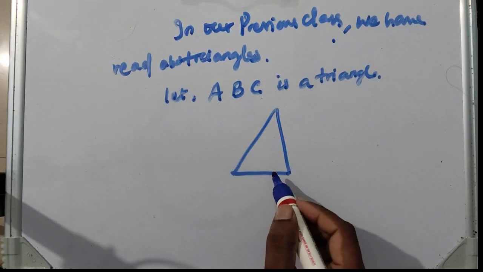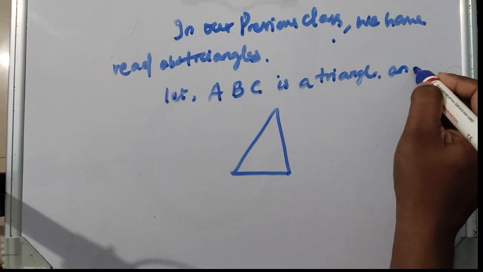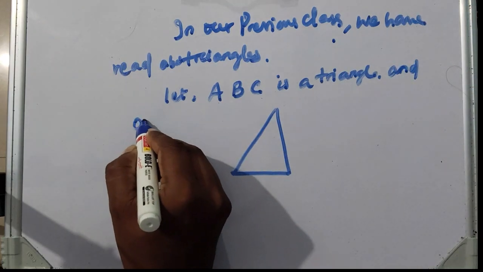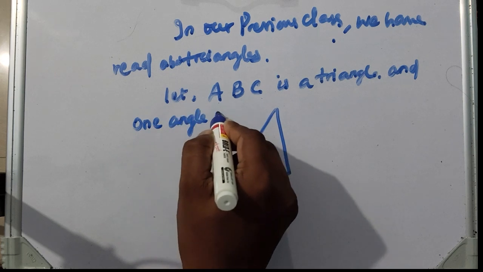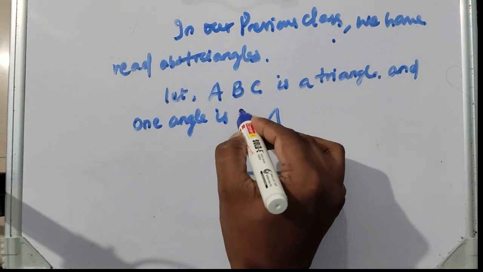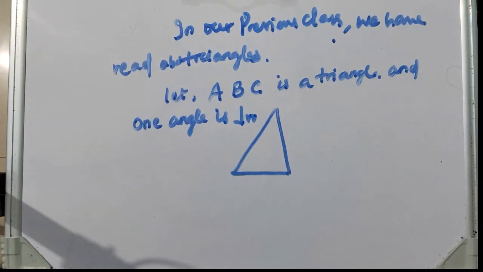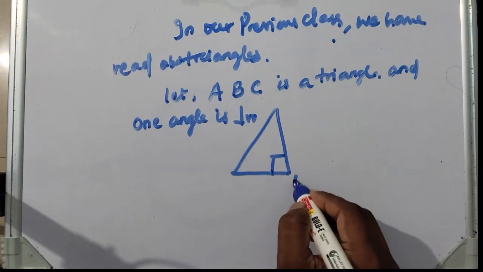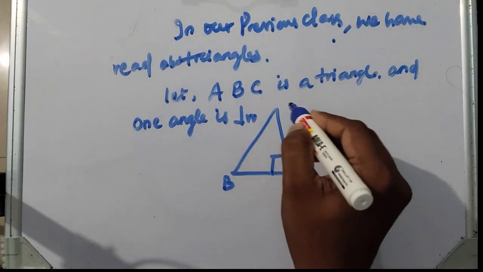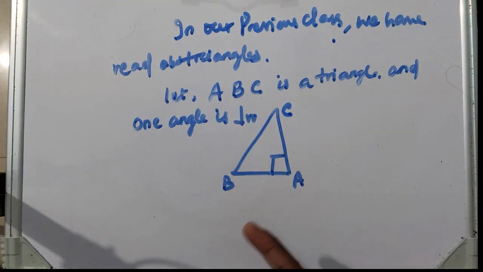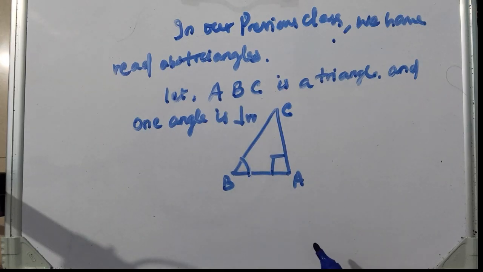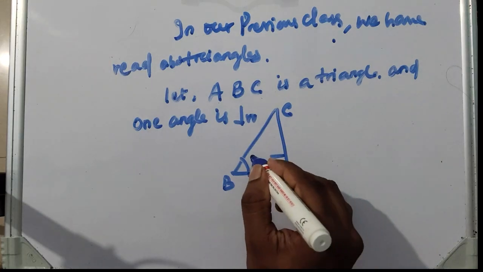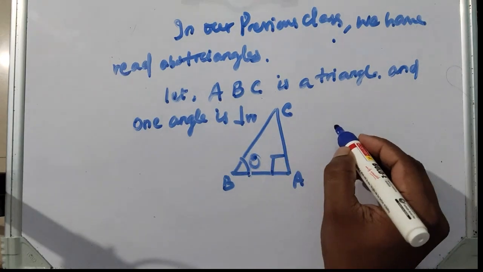Let's say ABC is a triangle and one angle is perpendicular, and another angle is theta.